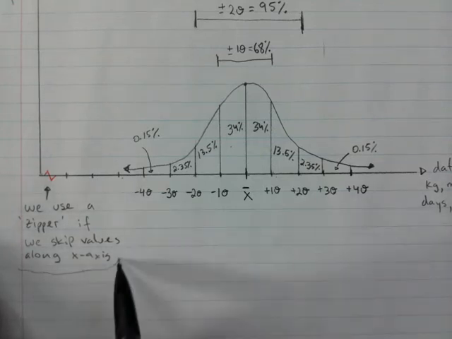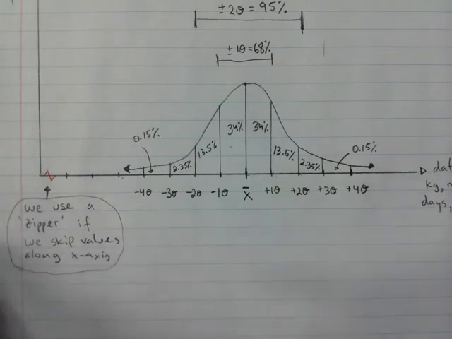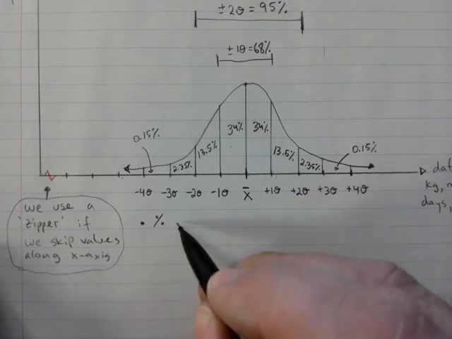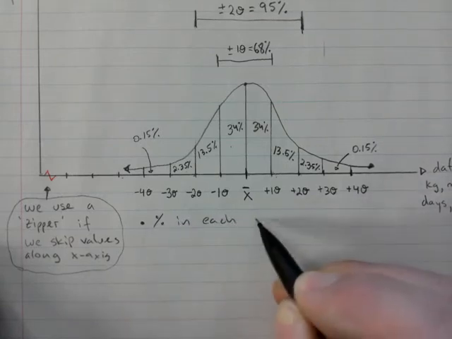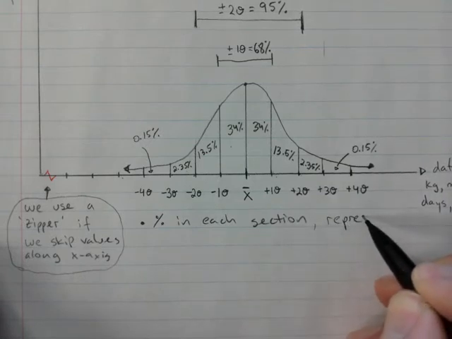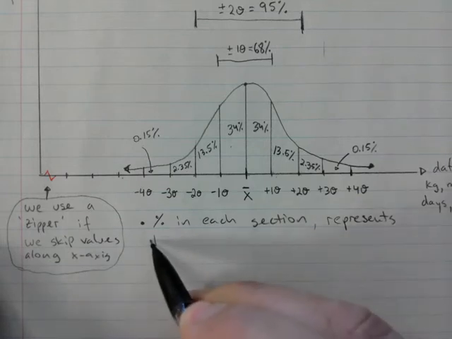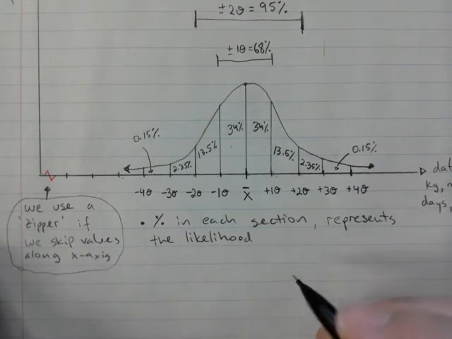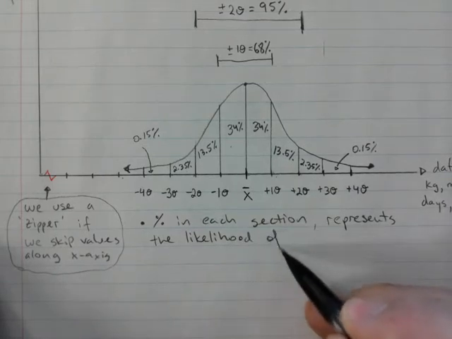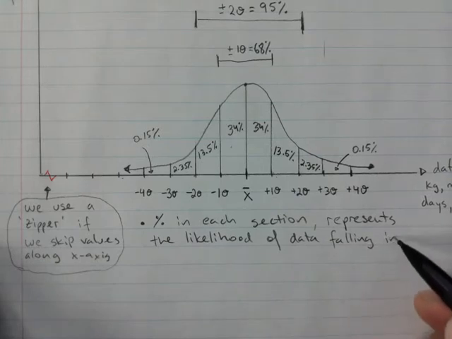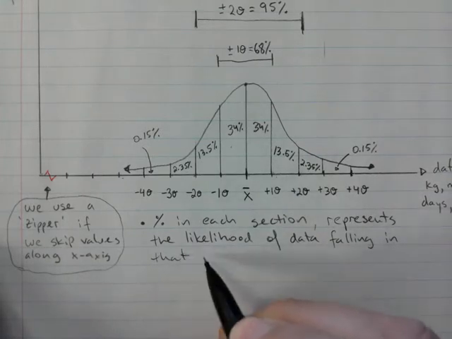So this is just like a little cloud. There we go. And note that percentages in each section represent the likelihood of data falling in that category.